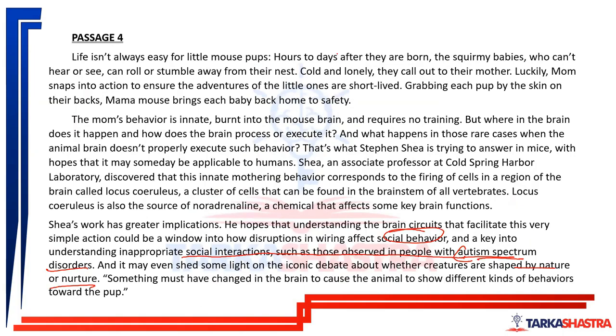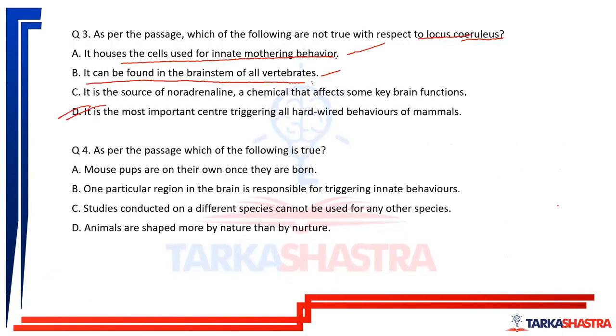Let's see. Source of noradrenaline, some key brain functions, and innate mothering behavior, in a region of the brain called locus coeruleus. So out of these two statements, we are getting the answer. As per the passage, this also has been mentioned.